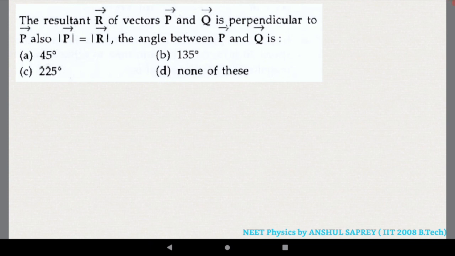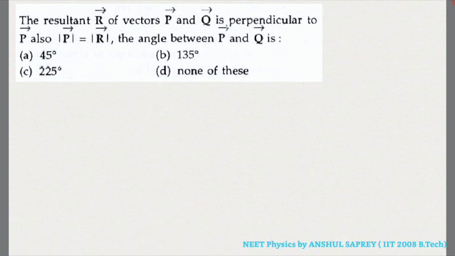Next question. The resultant R vector of vectors P vector and Q vector is perpendicular to P vector. Also, magnitude of P vector is equal to magnitude of R vector. Let us draw the diagram. P vector, resultant R vector is perpendicular to P vector.